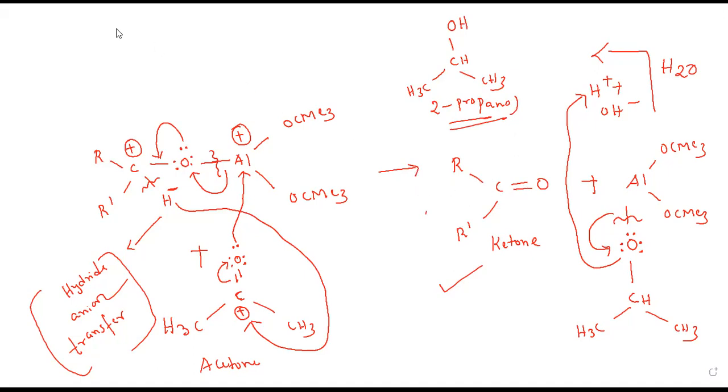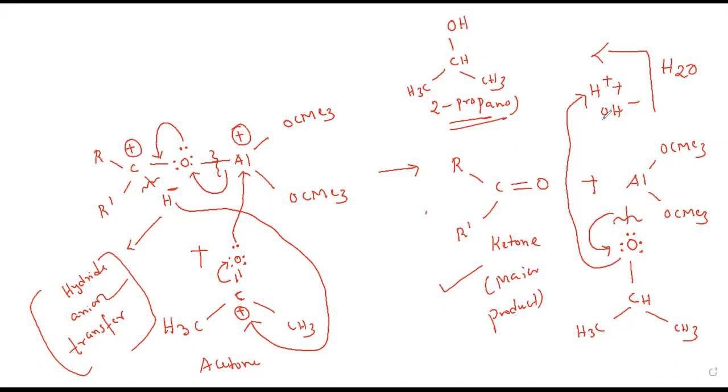Once the ketone is formed, you can consider this as the major product. Apart from this, you are also going to get this aluminum derivative, where you break the bond between aluminum and oxygen. It will have 3 lone pairs of electrons and is subjected to aqueous hydrolysis.